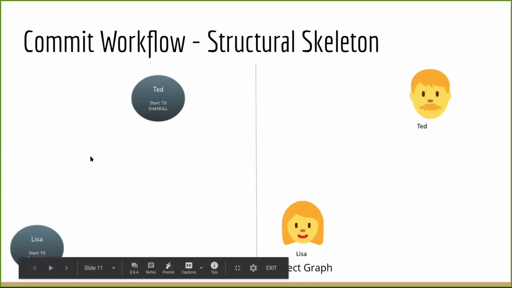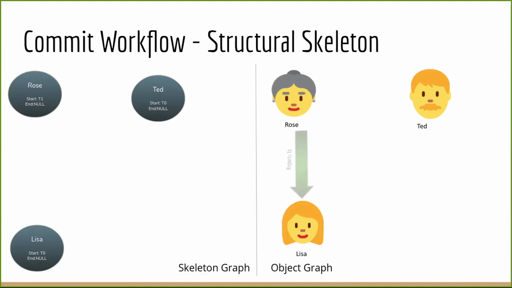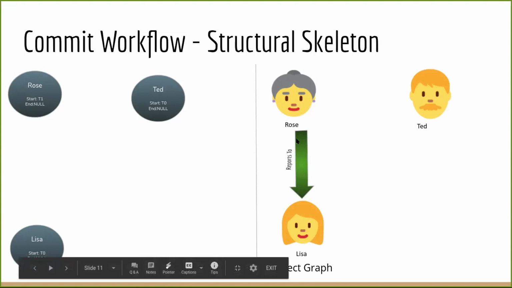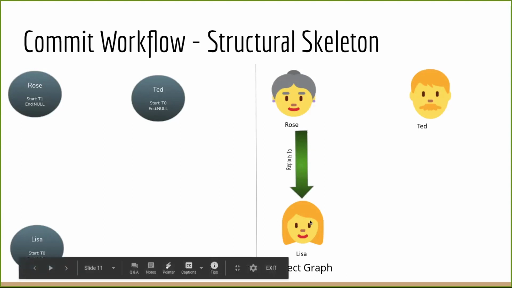The same for Lisa. So let's say that a new member joins the organization. Let's call her Rose. And RecallGraph basically adds another entry in the skeleton graph to represent that entry creation. Now, suppose we want to establish a reporting relationship between Rose and Lisa by creating an edge going from Rose to Lisa. And essentially, in this context, it means that Rose has started reporting to Lisa.